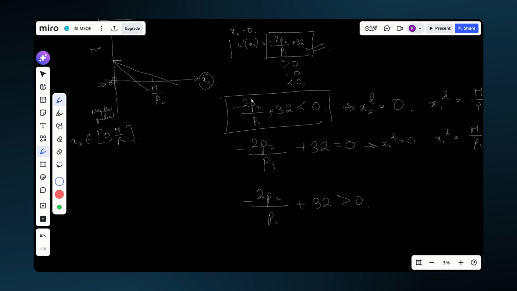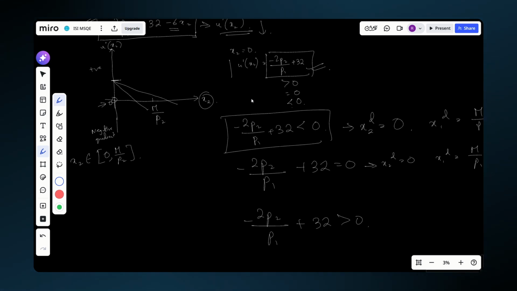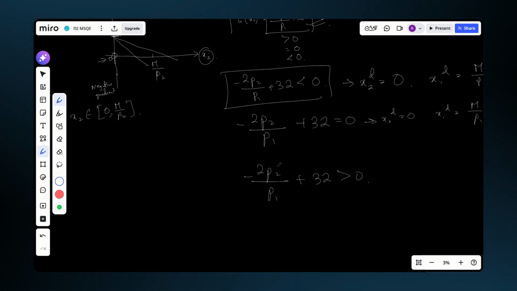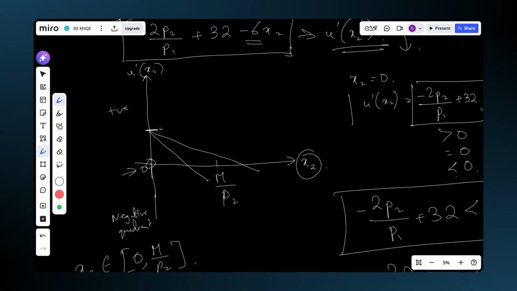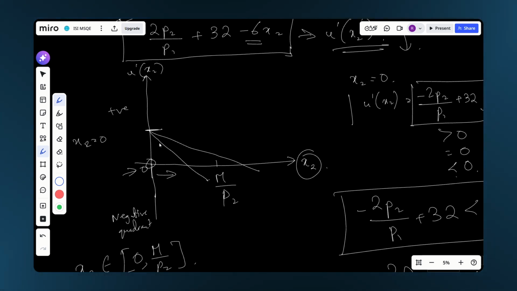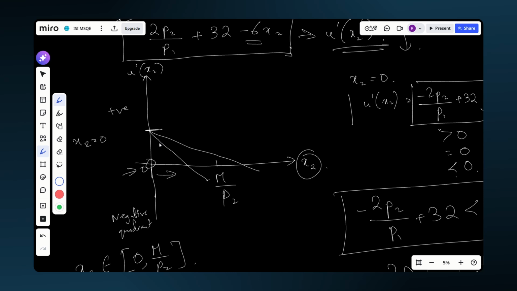If u dash is intersecting 0 before m by p2, in that case, let's say that we are moving from x2 equal to 0 to the right hand side. What is going on? When x2 is equal to 0, our u dash is positive.